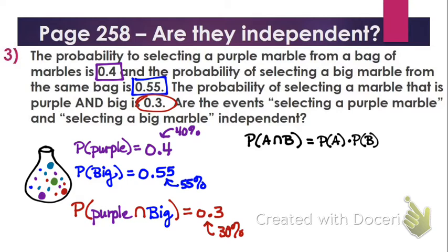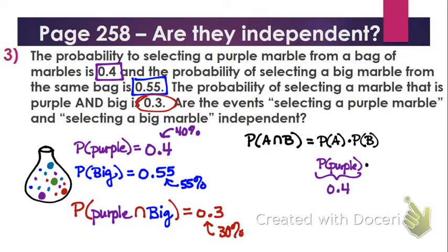So what are the events that we're looking at here? 0.4 and 0.55. The 0.4 is for which event? Purple. So the probability of a purple marble, 0.4.